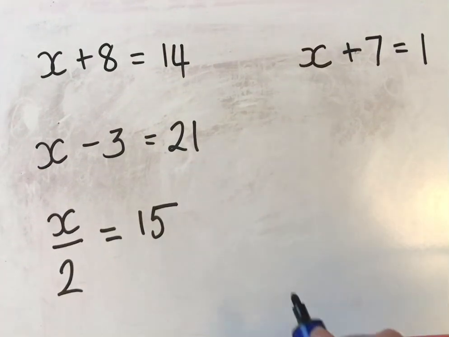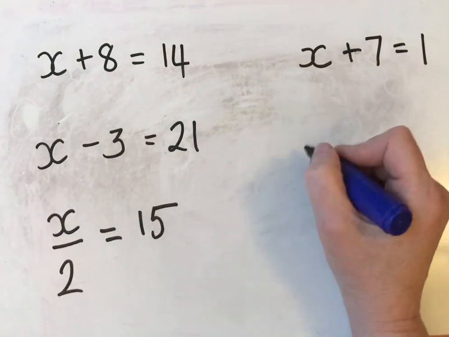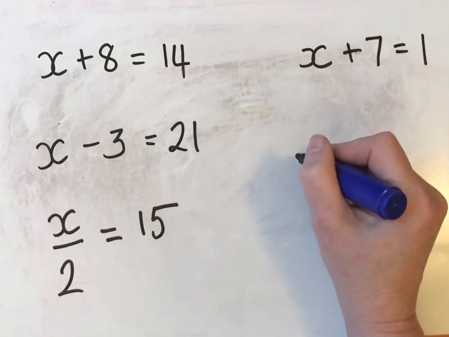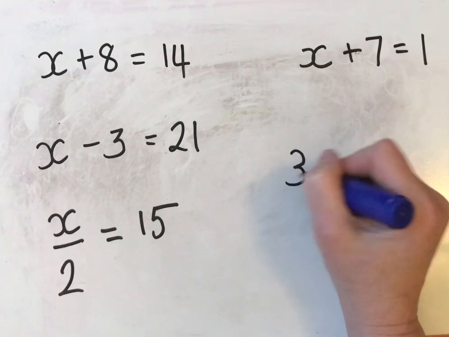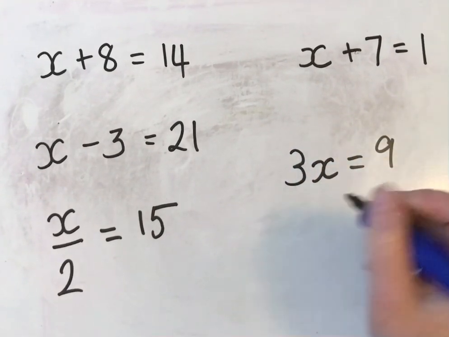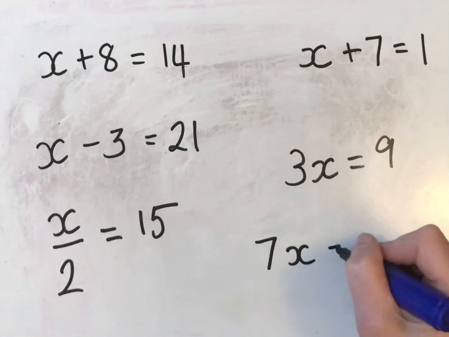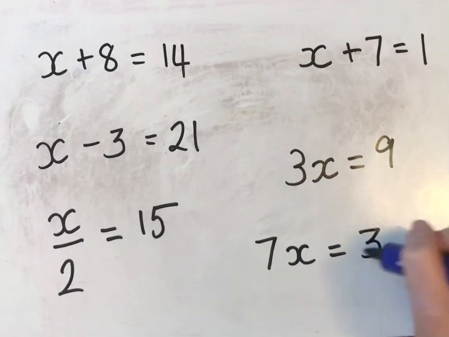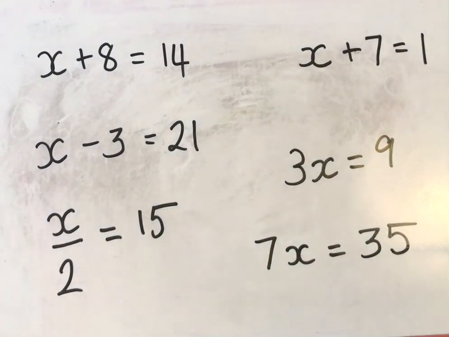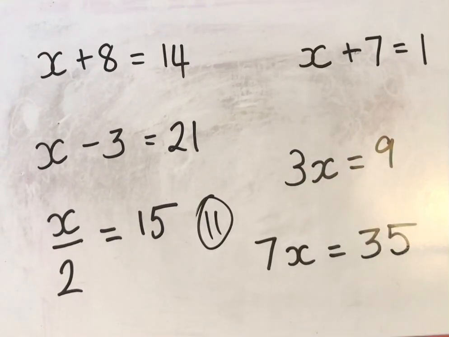Oh, tricky one. We'll have a look at that in a minute. And 3x equals 9 and 7x equals 35. So pause the video and have a go.